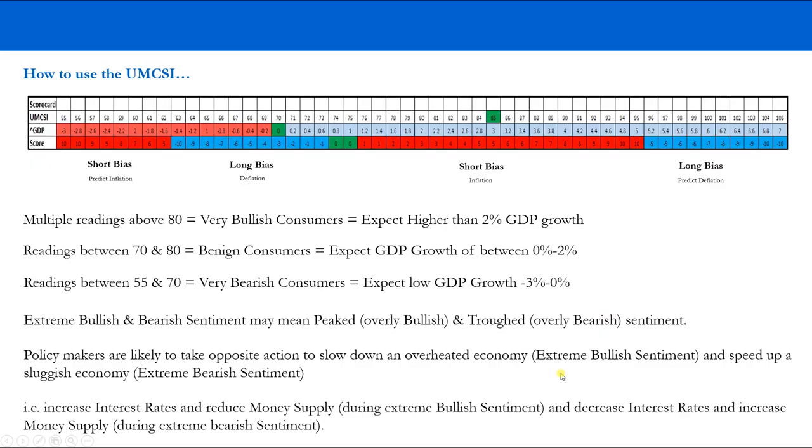And this is a good example of how you've got to think differently in the extremes. So similar to the way the ISM and the NMI works. Policymakers in the future, when they see this, they're more likely to take the opposite action to what they're seeing in the extreme circumstances.